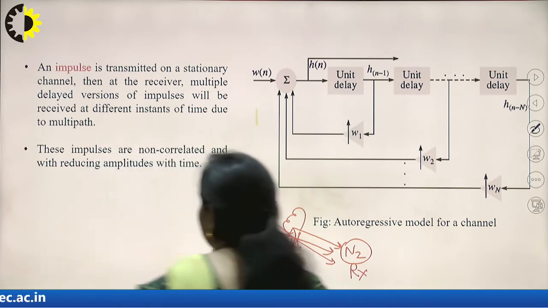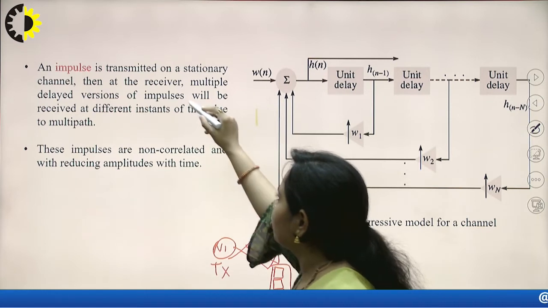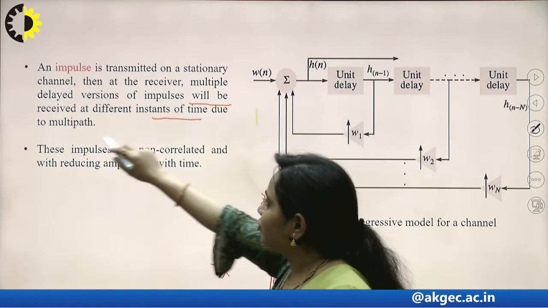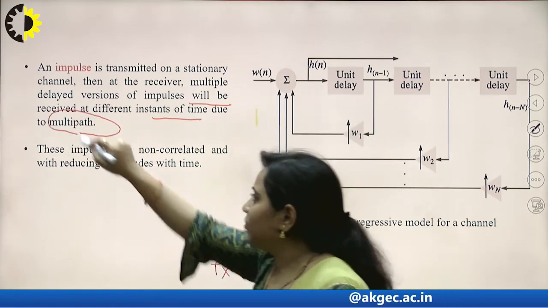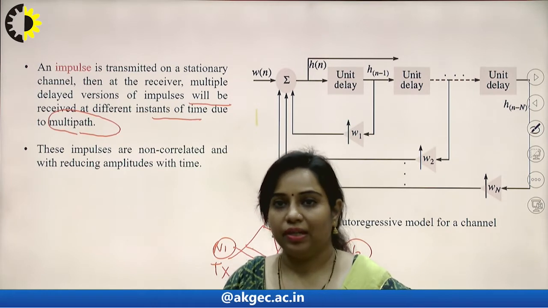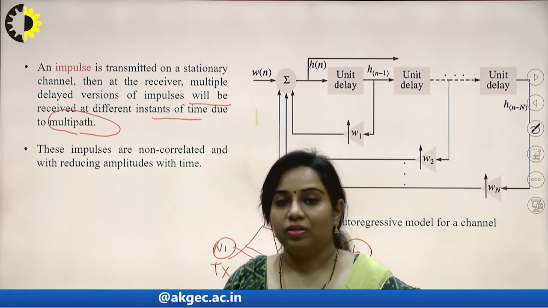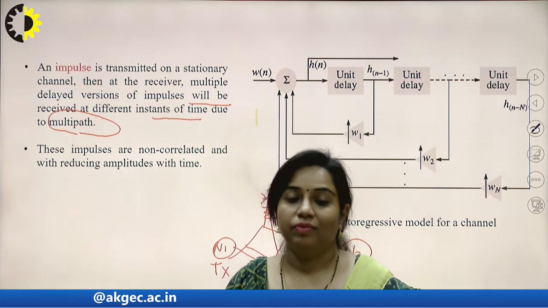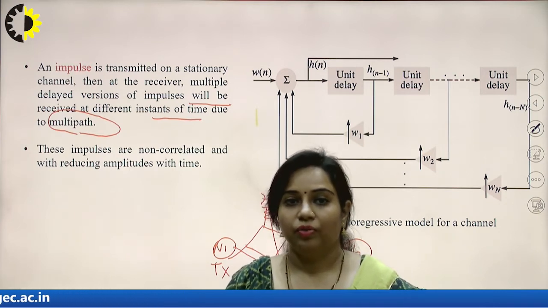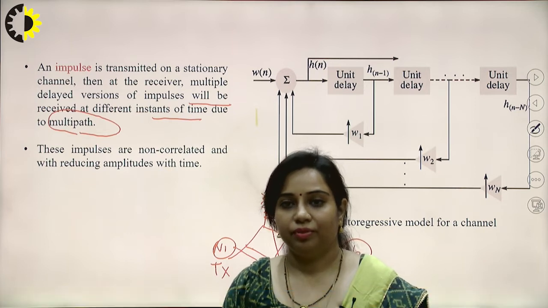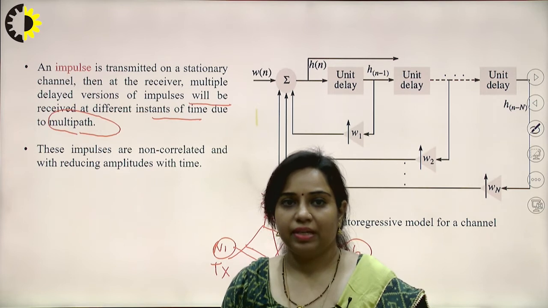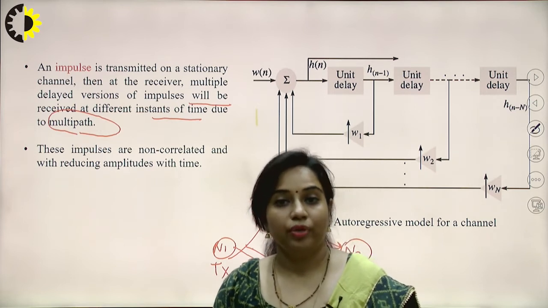That's why it is written over here that delayed versions of impulses will be received at different instants of time due to multipath. So due to multipath, let's say 3 different signals will be received, all delayed versions, all received at different instants of time, and all will have their own energy because it is going to reduce as the number of hops or intermediate nodes increases, so the strength of the signal will definitely reduce.